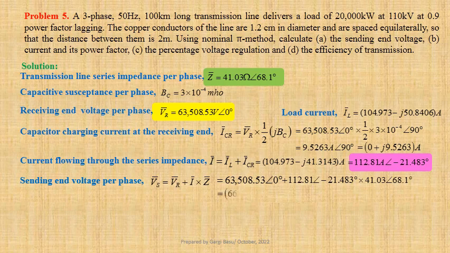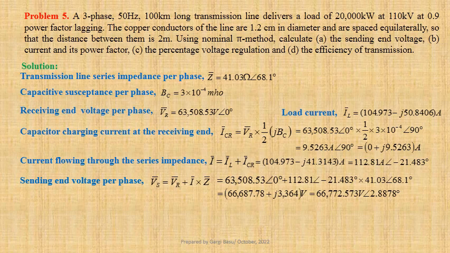That gives us 66,687.78 plus j times 3,364 volt. This may be written in polar form as 66,772.573 volt at an angle 2.8878 degree.